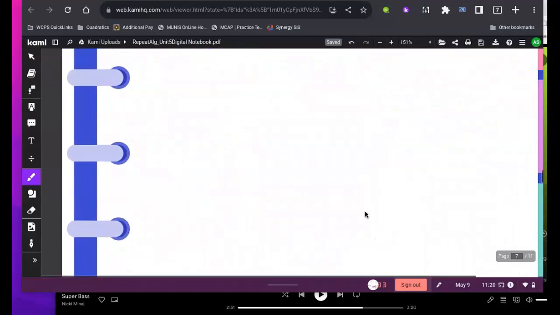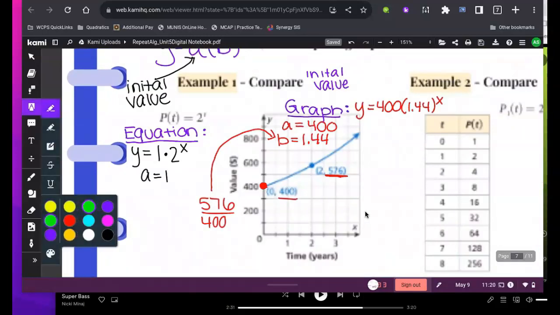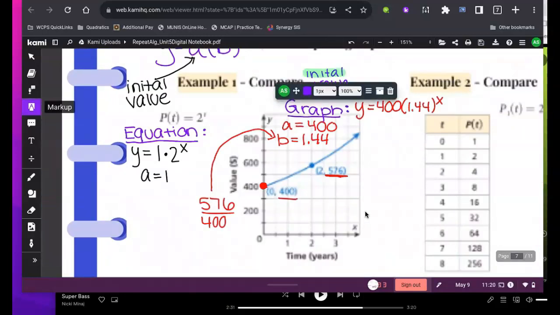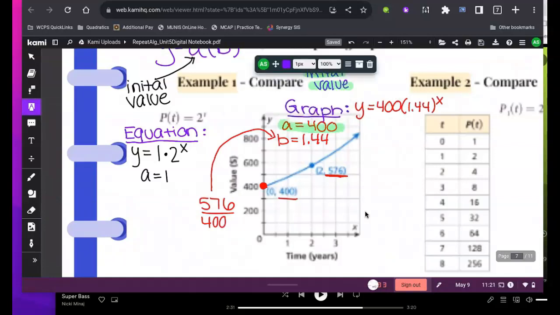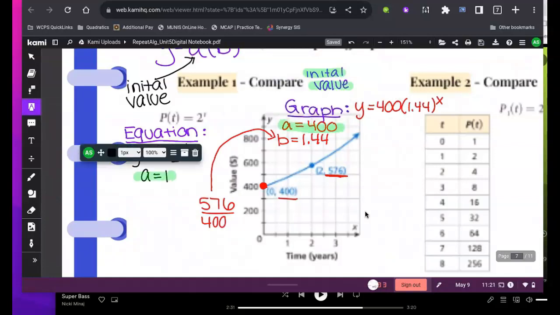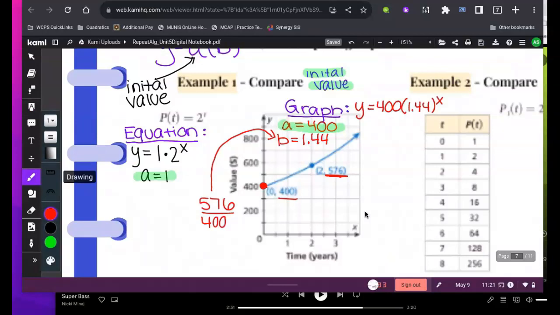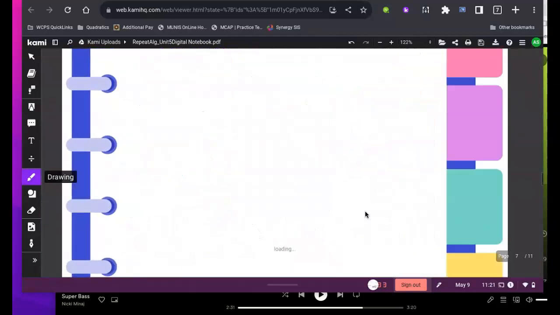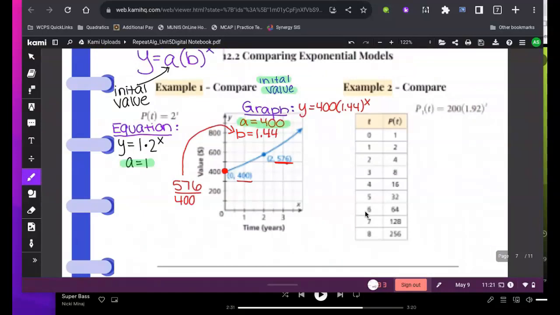Now that I have both of my initial values, I'm going to highlight. Since we're comparing our initial values, my initial value for the graph is 400. My initial value for the equation is 1. So which one has a greater initial value, the graph or the equation?